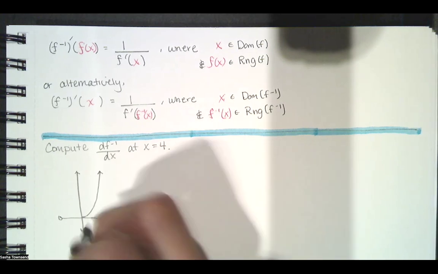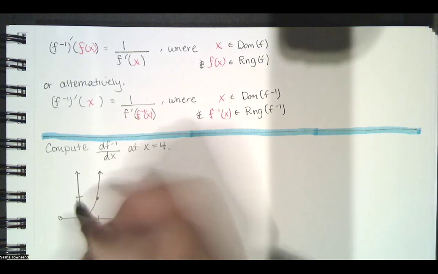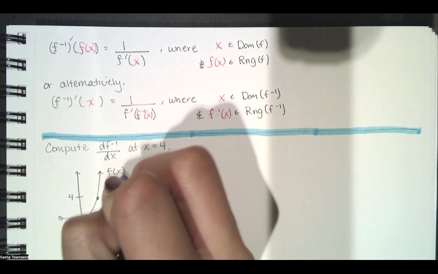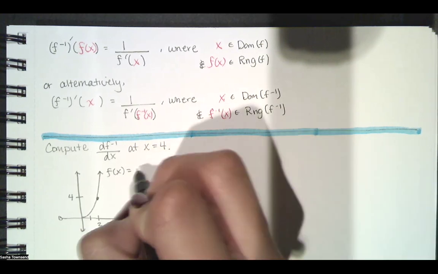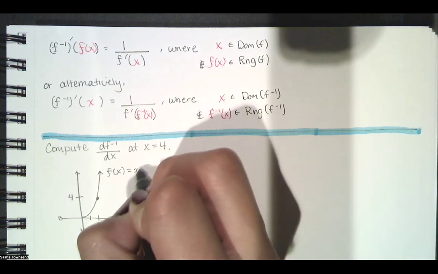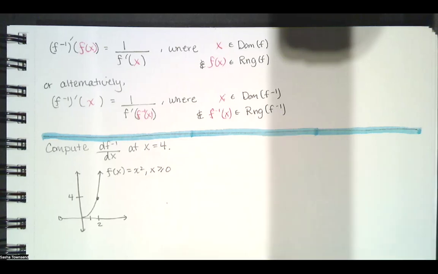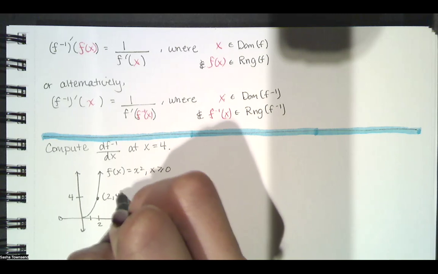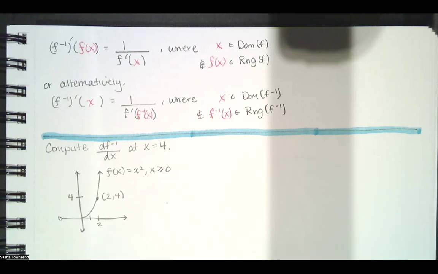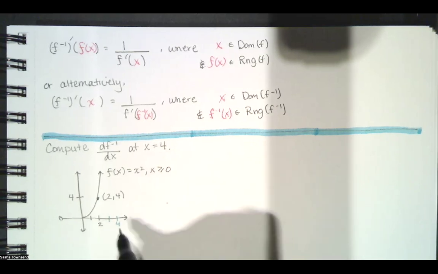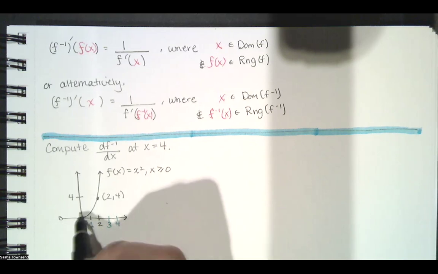So here's our graph of f of x. We know when x equals 2, y equals 4. Then we said, okay, switch the roles of x and y. The corresponding point on the graph of f inverse is at x equals 4, y equals 2.